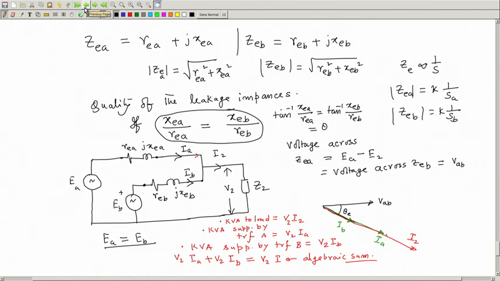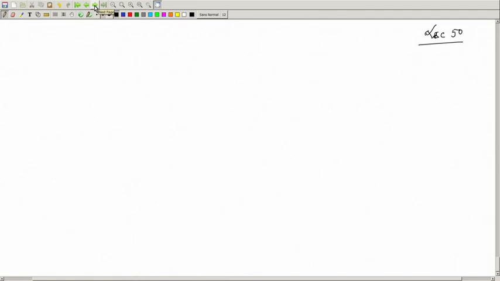Then whatever KVA is supplied by transformer A and whatever KVA is supplied by transformer B, the algebraic sum of these two will come. Now, what is going to happen if this condition is not fulfilled?